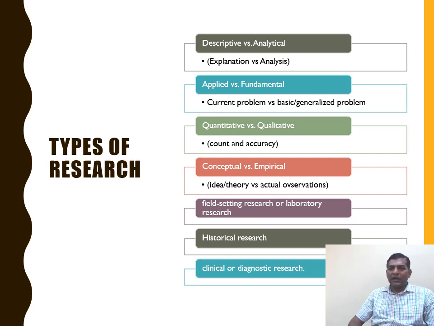That is considered conceptual research. Empirical research is actual implementation, actual observation of what is going on. You are observing it, accounting for it, then analyzing, and then defining why this happens and what the outcome of it is. That kind of research is considered empirical research.